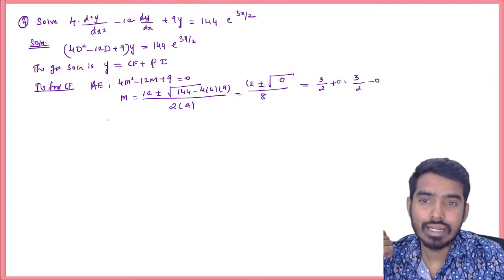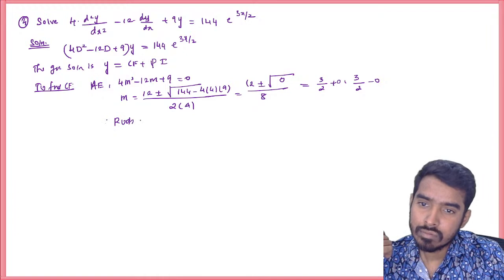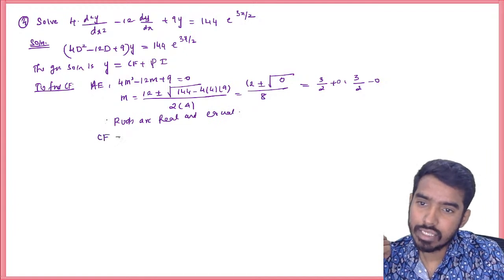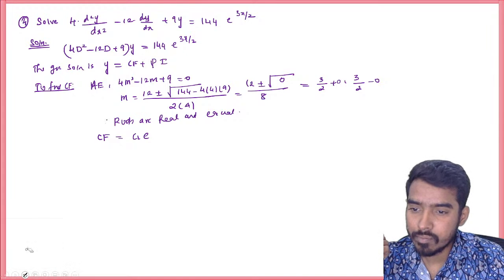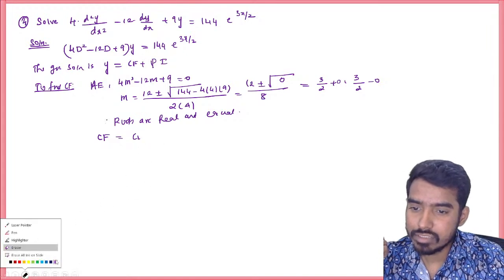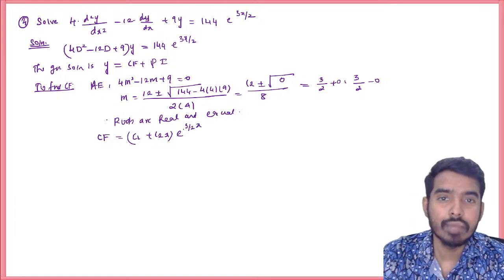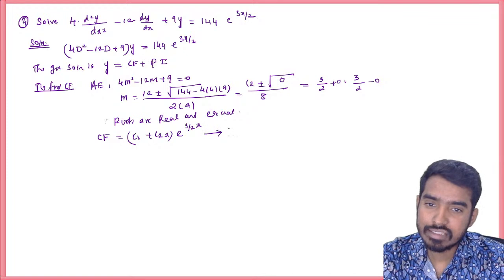Therefore the roots are real and equal. In that case, your CF will be C1 plus C2x into e power mx. So here the equal root is 3 by 2, right? This is your complementary function.